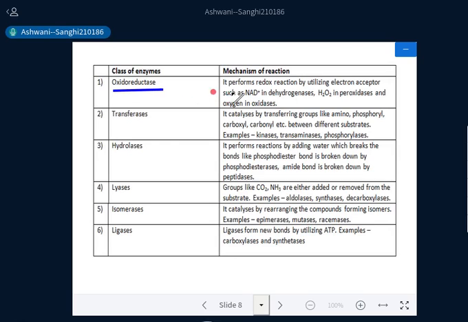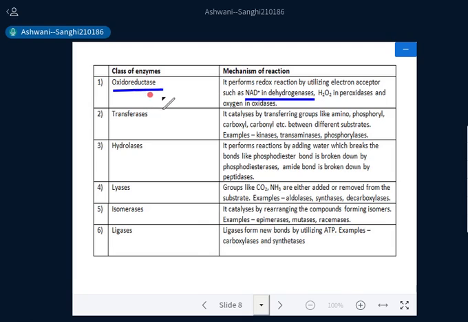Oxidoreductase performs redox reactions by utilizing electron acceptors such as NAD in dehydrogenase, H2O2 in peroxidase and oxygen in oxidase reactions.